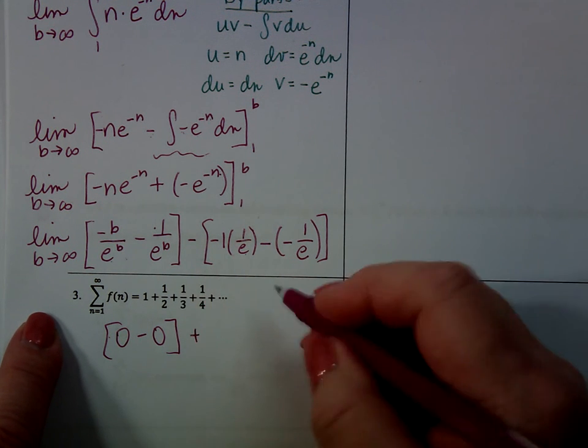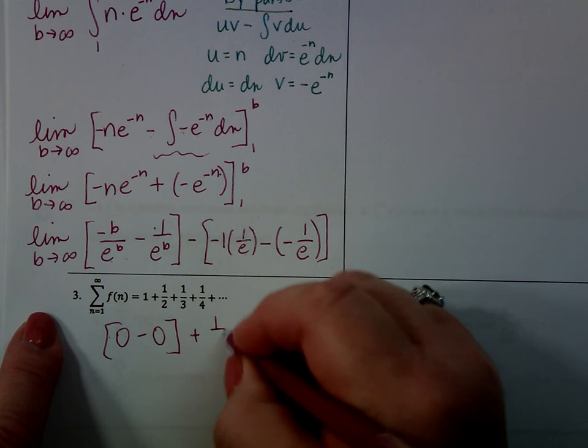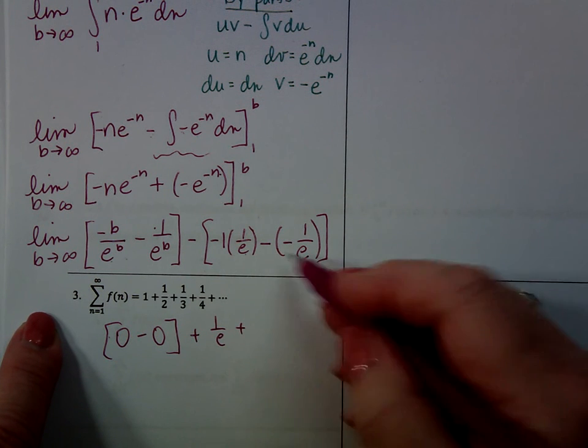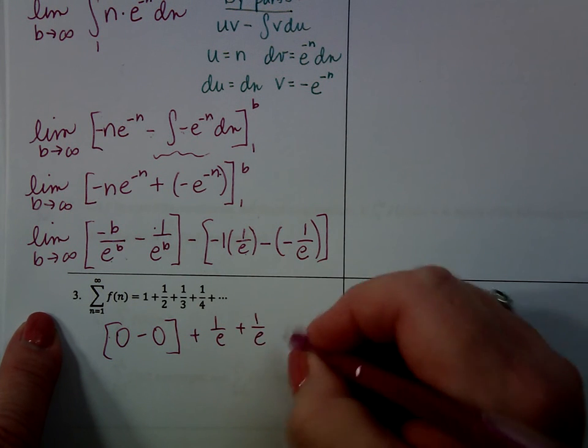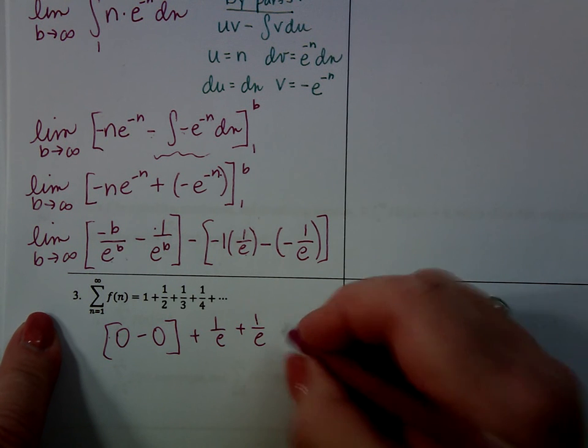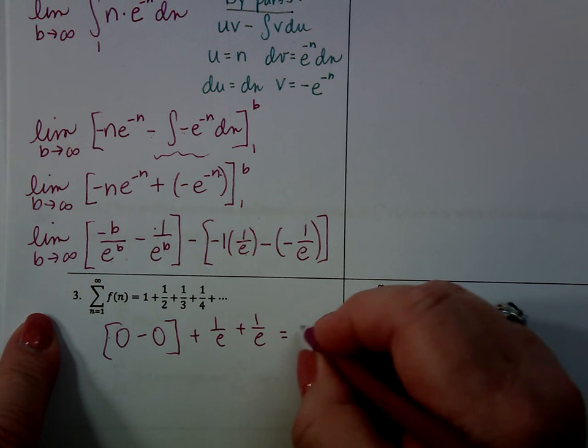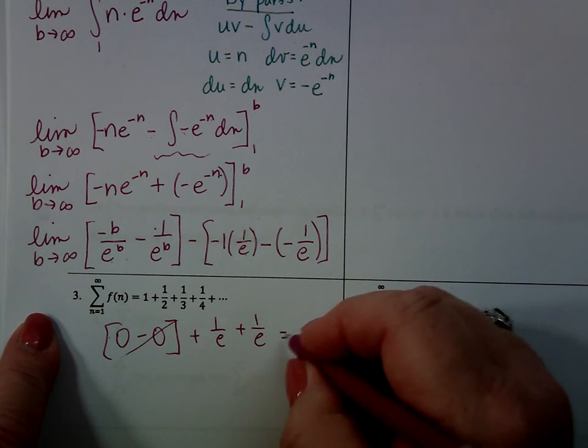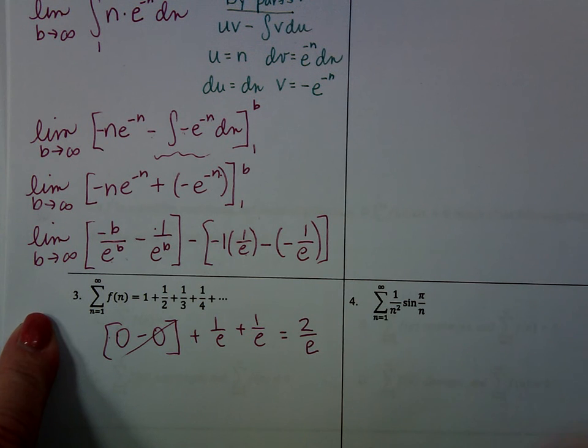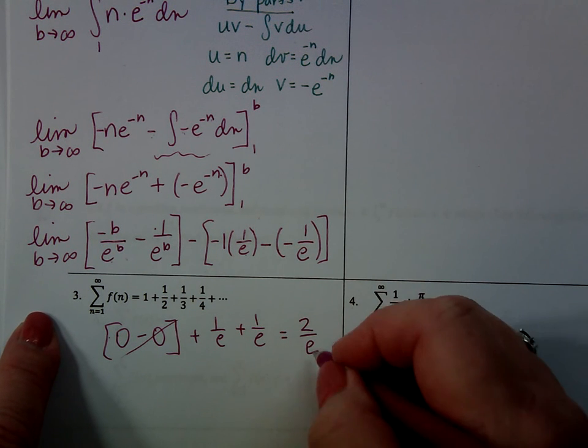This is going to be 1 over e, plus a 1 over e. If I have 1 over e plus 1 over e, they're same denominators, I can add them together. Then I have 2 over e, and that's going to be my answer. So that means if it's 2 over e, it's going to be therefore converging.